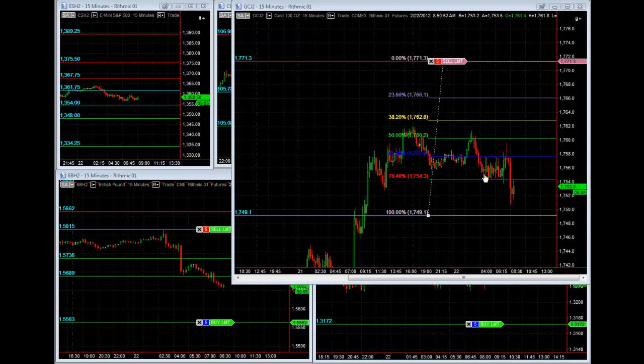And now look at this range right here in between these two levels. It's bouncing off of this, bouncing off, bouncing off. It sits in these little ranges. But the main range has been between the pivot point here and the 50% level.